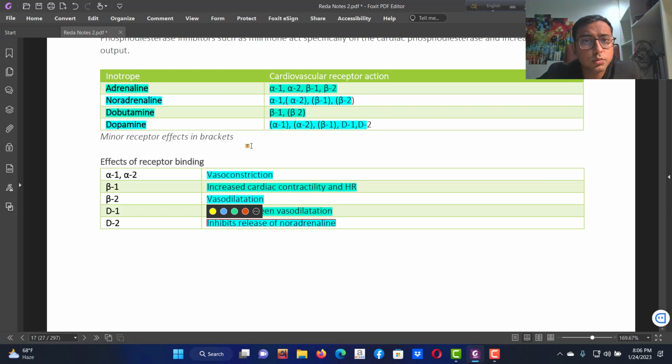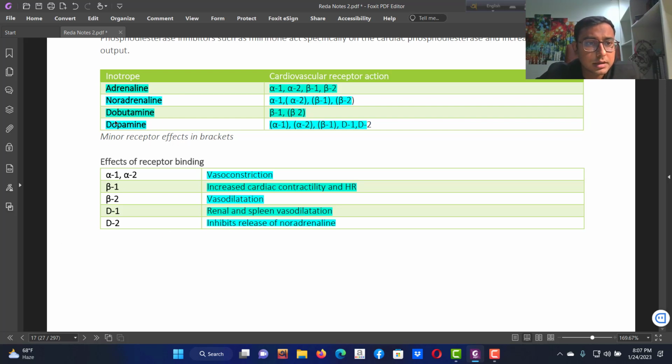There is a warm shock peripherally. So in septic shock, noradrenaline is usually prescribed. Why? Because beta 2 receptors must be stimulated to decrease cardiac output by vasodilation. And dopamine also acts on D2 to inhibit release of noradrenaline.